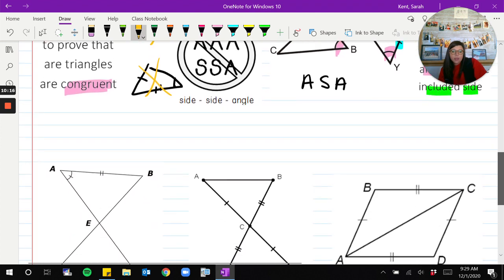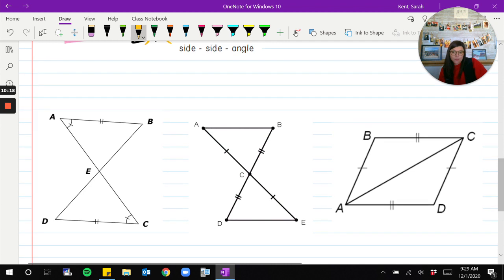So down here we've got some examples. What we want to look for are things that are shared, or tick marks that we have. So if I look at this first example, here I can see that there's an angle marked. I can see that there is a side marked. And then the last one is not marked, but if you look here, where these two triangles meet, we have a pair of vertical angles.